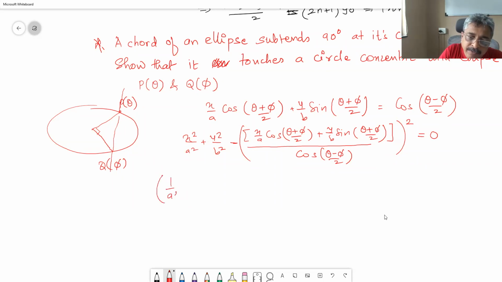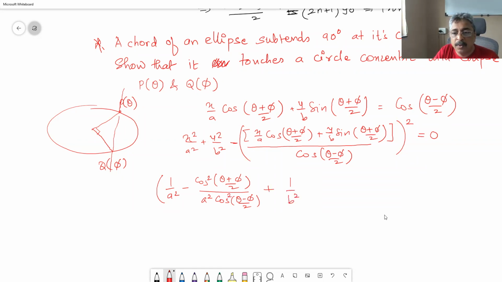Coefficient of x square is 1 upon a square minus cos square (theta plus phi) upon 2, upon a square cos square (theta minus phi) upon 2, plus 1 upon b square minus sine square, and this should be equal to 0, correct?